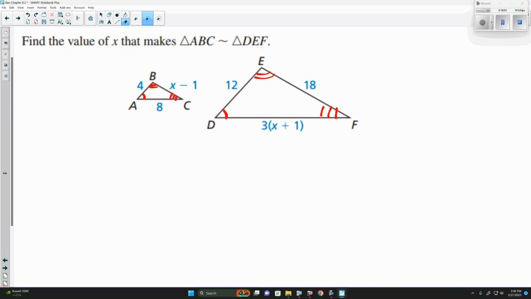Now, we're going to have a proportion. We're going to have two fractions set equal to each other, yes? We need one of the variables. So we either need x minus 1 or 3 times x plus 1. And it's going to be over what?